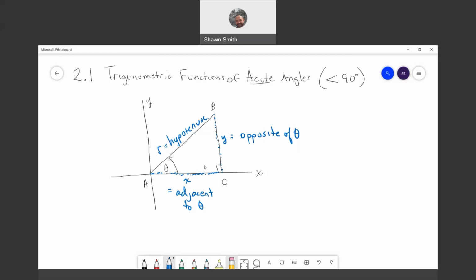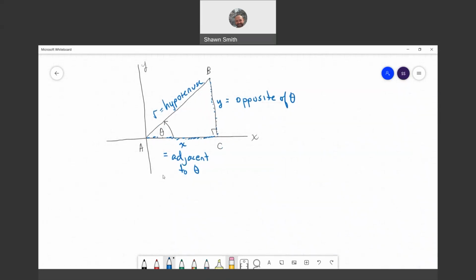So now we're looking at the sides of the triangle. Instead of x, y, and r, we can say in terms of opposite, adjacent, and hypotenuse. So if I look at the sine of theta is equal to, we knew before, y over r, right? So y is opposite, r is hypotenuse.